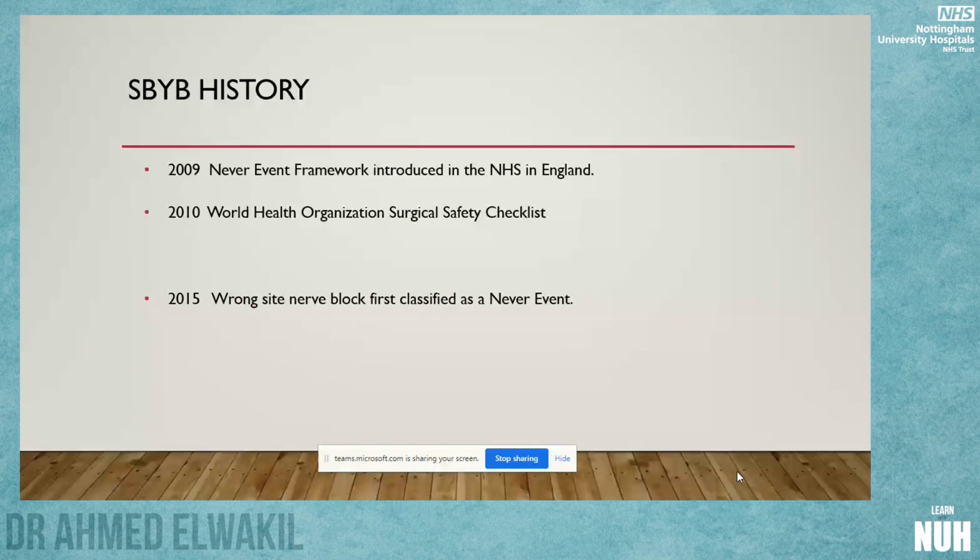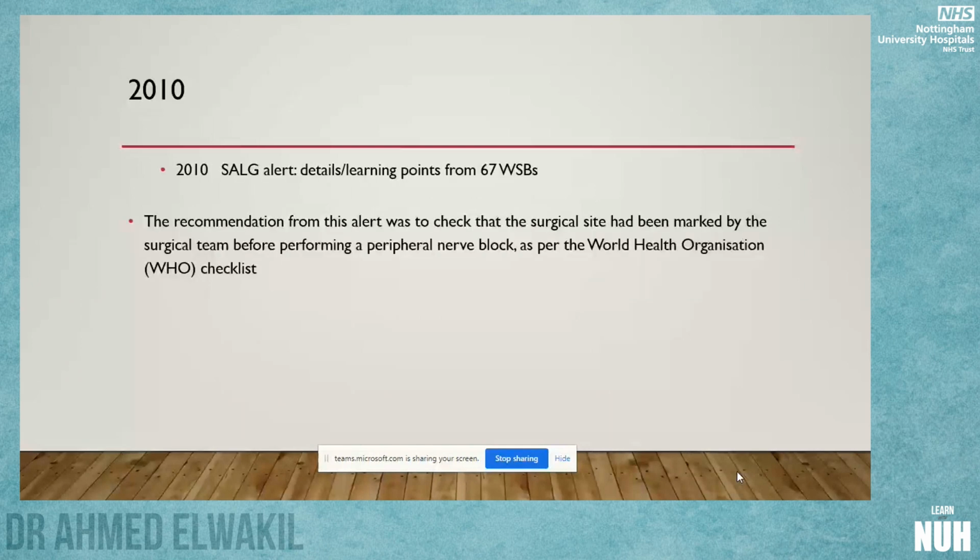Never events are defined as serious events that should be preventable, based on the fact that we have national guidance that, if implemented well, should make this event preventable. And in 2010, the Safe Anesthesia Group published an alert highlighting details and learning points from 67 inadvertent wrong-sided nerve blocks reported over 15 months.